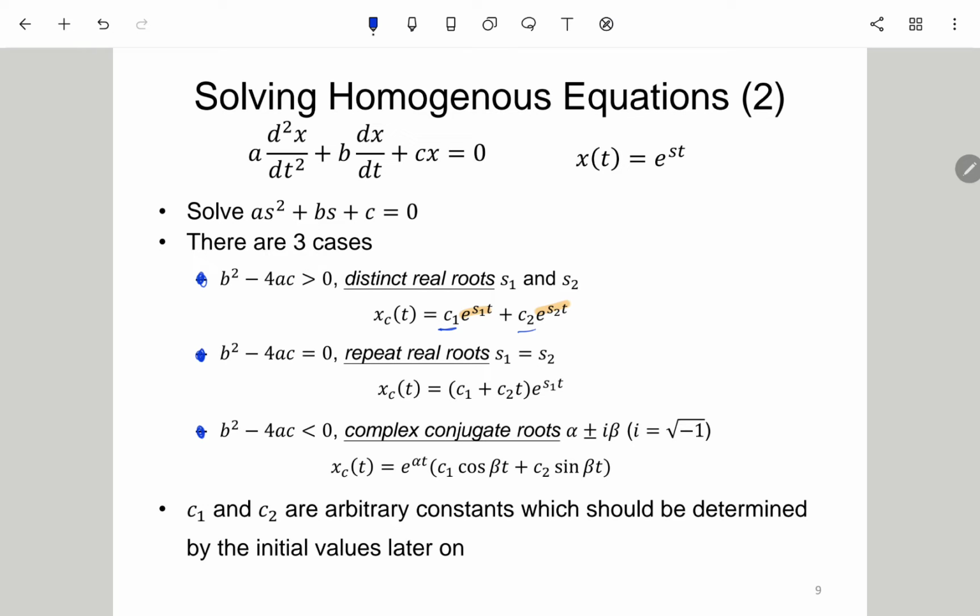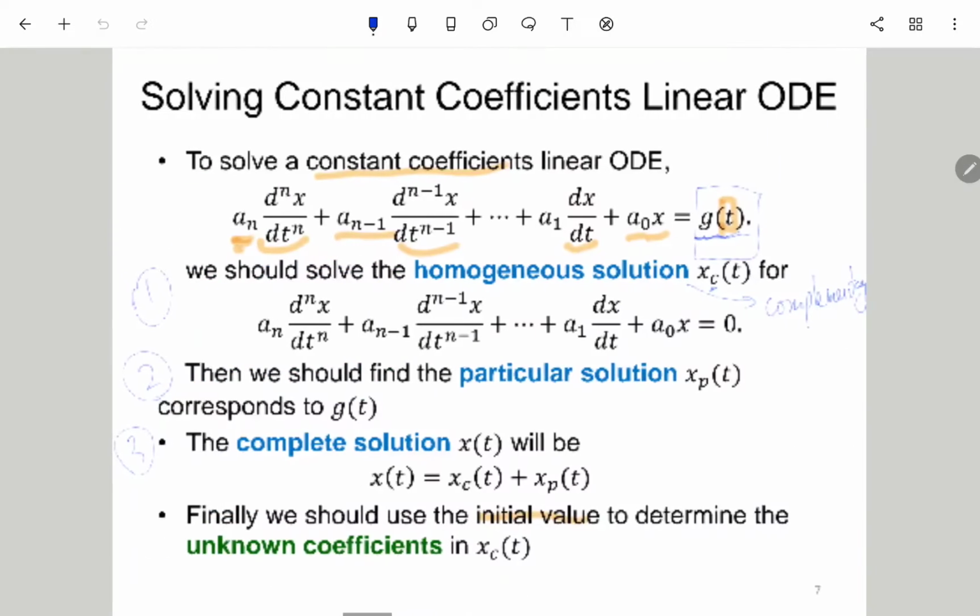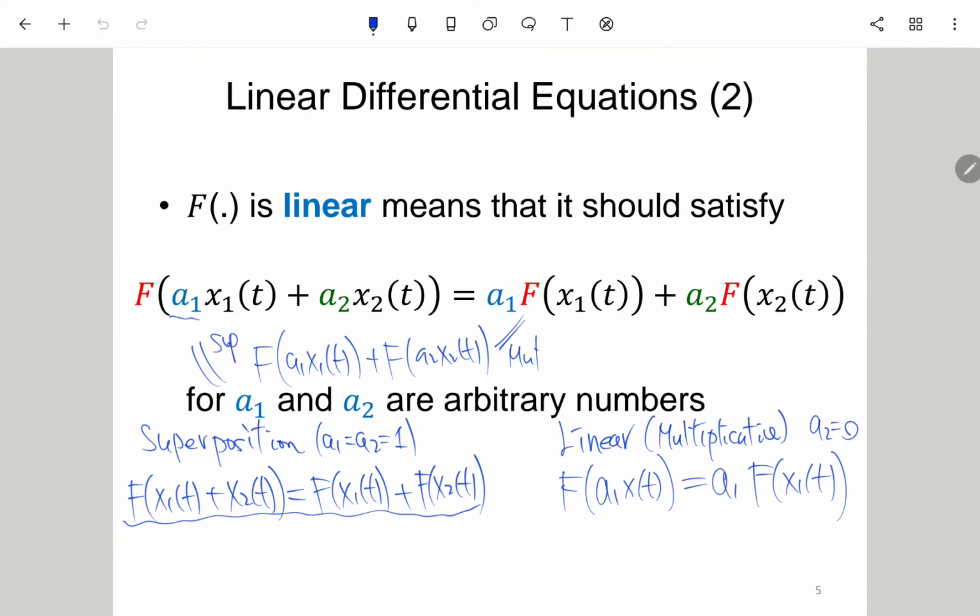Why? If you still remember, we talked about the linear condition. What is linear? Suppose we have a second order homogeneous equation, a d2x dt2 plus b dx dt plus c x equals 0.